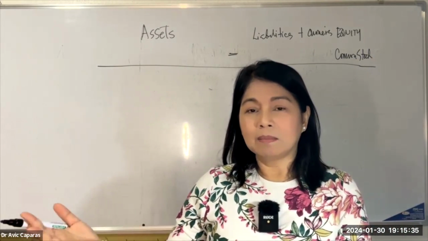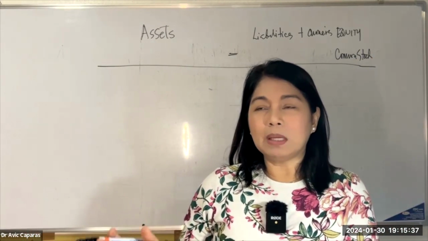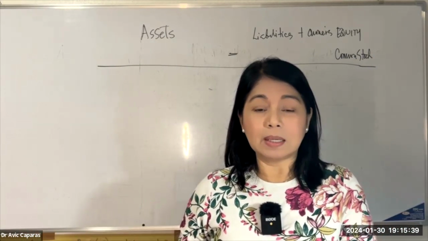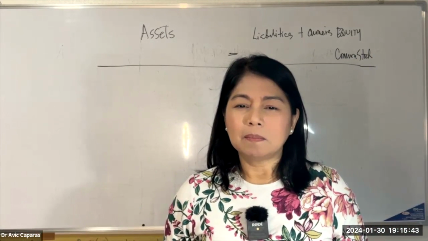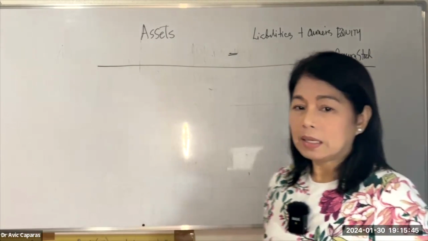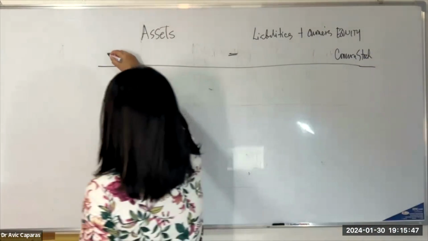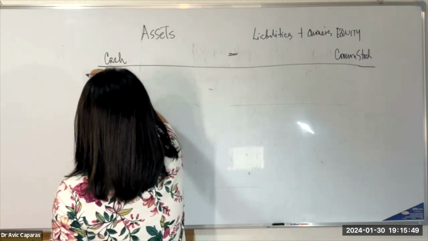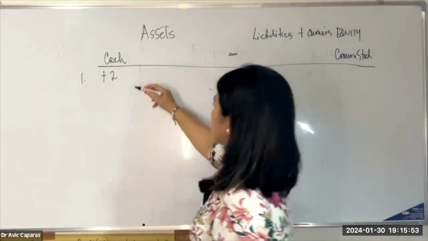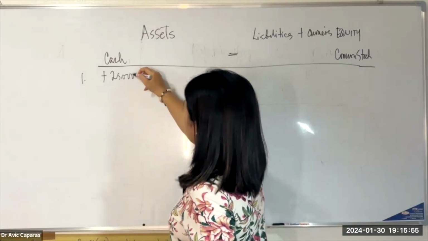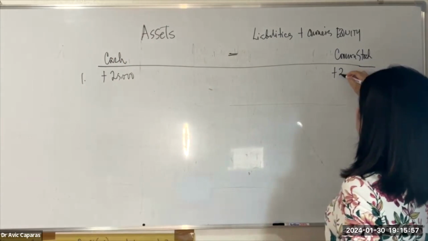Any extra or less than that should affect paid-in capital. That's the account. But here it says the 25,000 in cash. So we start with cash. Number 1, plus 25,000. Common stock, plus 25,000.